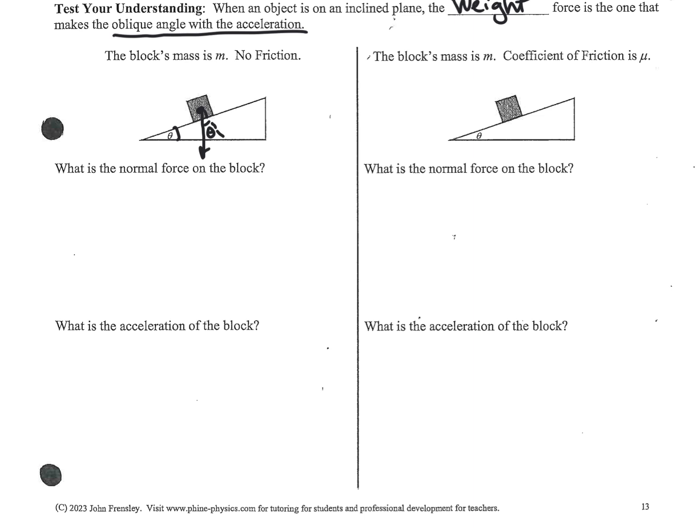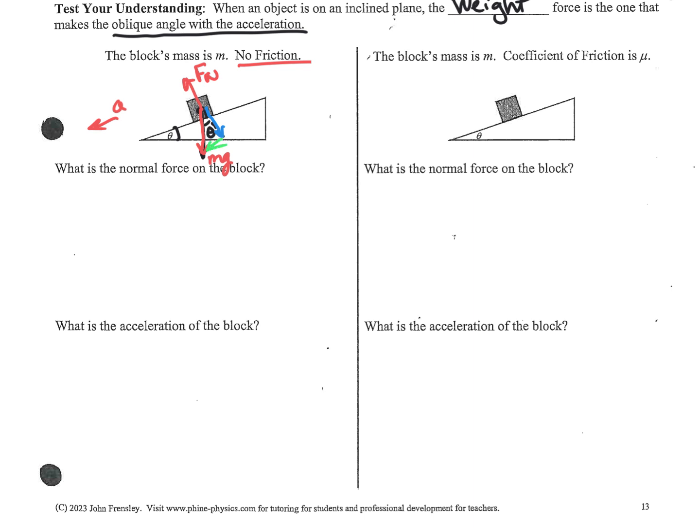If we look at this, we've got mg going downwards here, right? No friction. So we have the normal force here. We know the acceleration is going to be down the incline because it's going to slide down. So we've got a vertical component and a horizontal component right here.